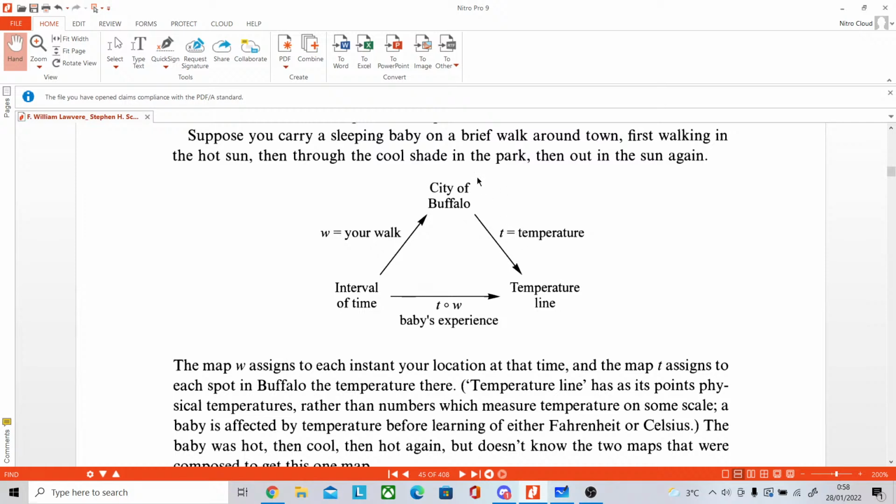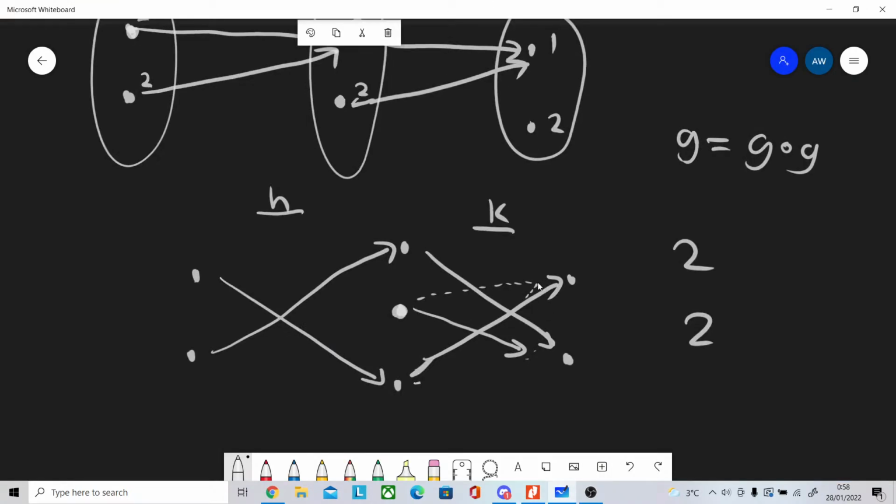My issue with this example is, okay, so they say if you compose these two things together, then you'll know how the baby is feeling at that point in time.